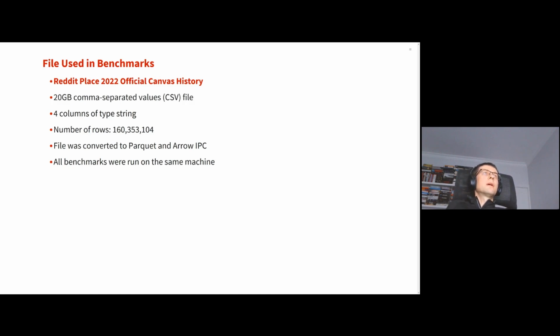This file is taken from the Reddit Place official canvas history from 2022. To benchmark the remaining 2 formats, I converted the CSV file to Parquet and Arrow IPC, and I ran all benchmarks on the same machine.